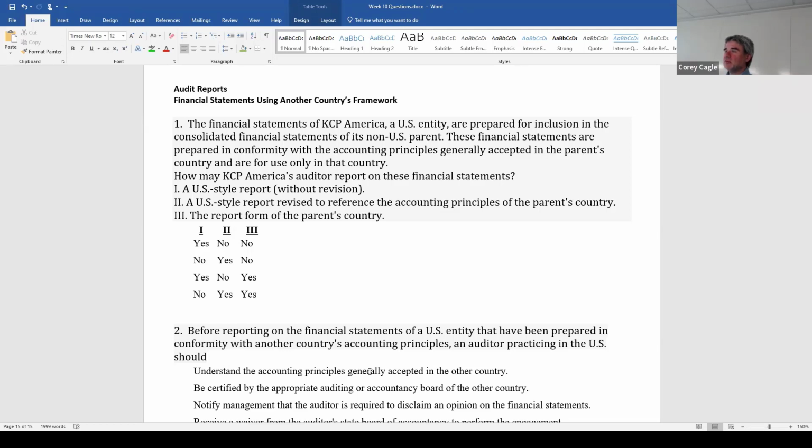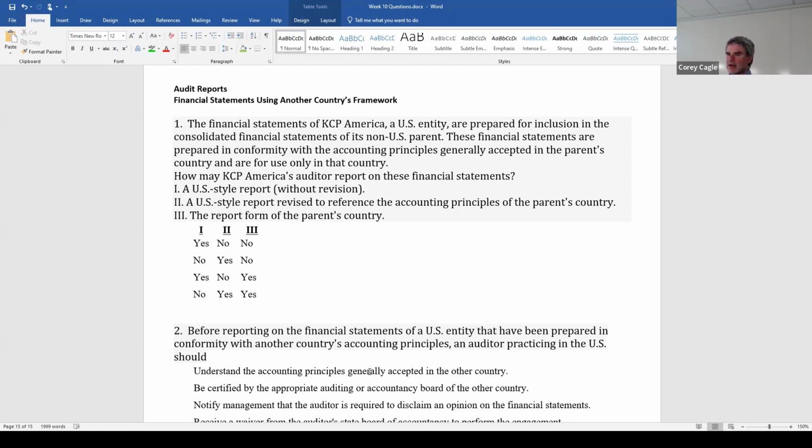Pretty complex. Anyway, how may the auditor report on these financial statements? So it's a US entity, but the report's only going to be used in a foreign country. Do we need a US style report without revision? Do we need a US style report revised to reference the accounting principles of the parent country? Do we need the report form of the parent country?